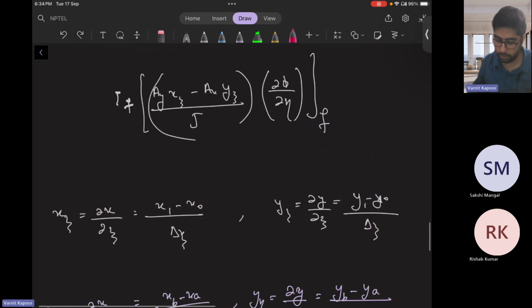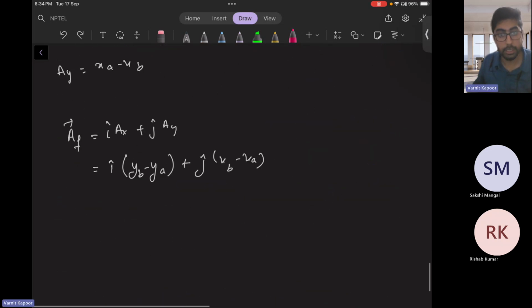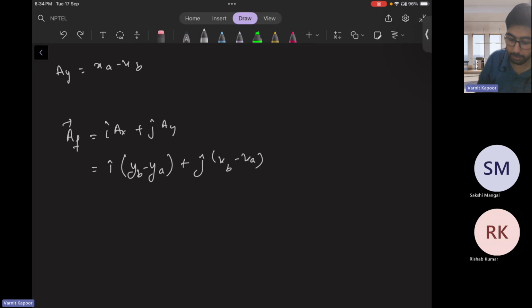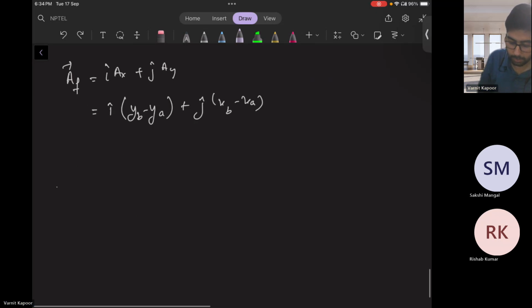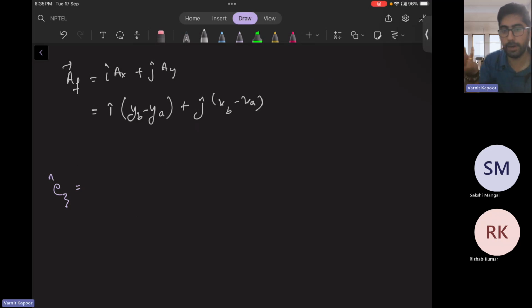Now the question is, what will be E zeta? E zeta is nothing but a unit vector. E zeta is a unit vector. Zeta is pointing in the 0 to 1 direction. A unit vector is nothing but the vector over its magnitude. So in the zeta direction, this was your C naught, this was your C1, this was your E zeta.